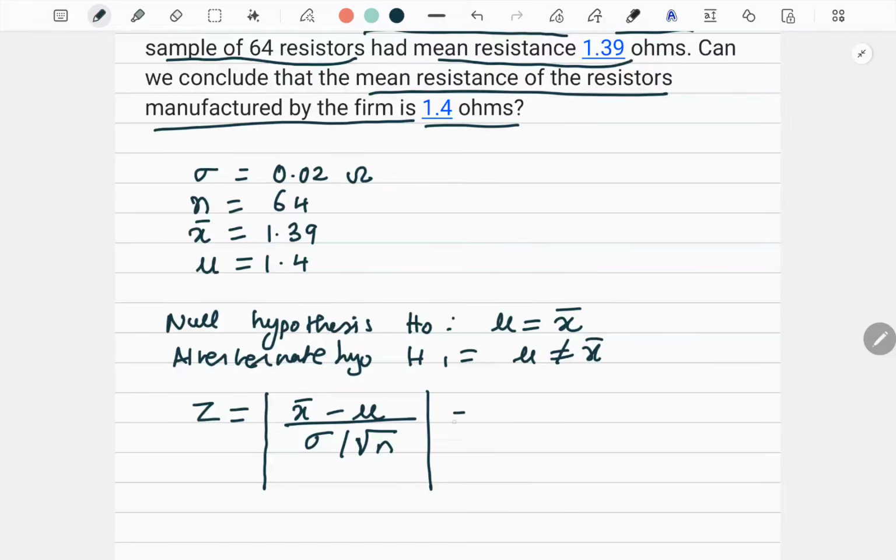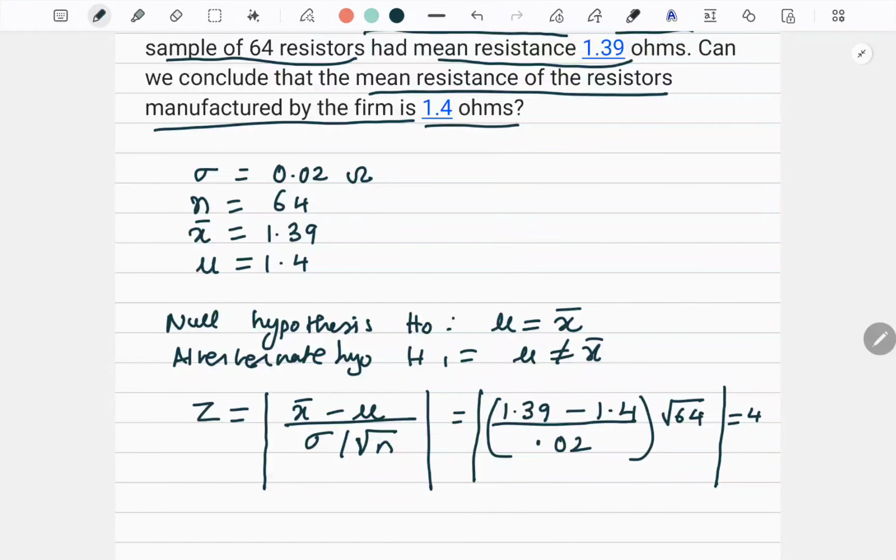So let me put in the values. X bar is how much? 1.39 minus 1.4 upon 0.02 by root n. So what is n? Root 64. Now all of you have the calculator. Calculate it, you will find it is equal to 4.